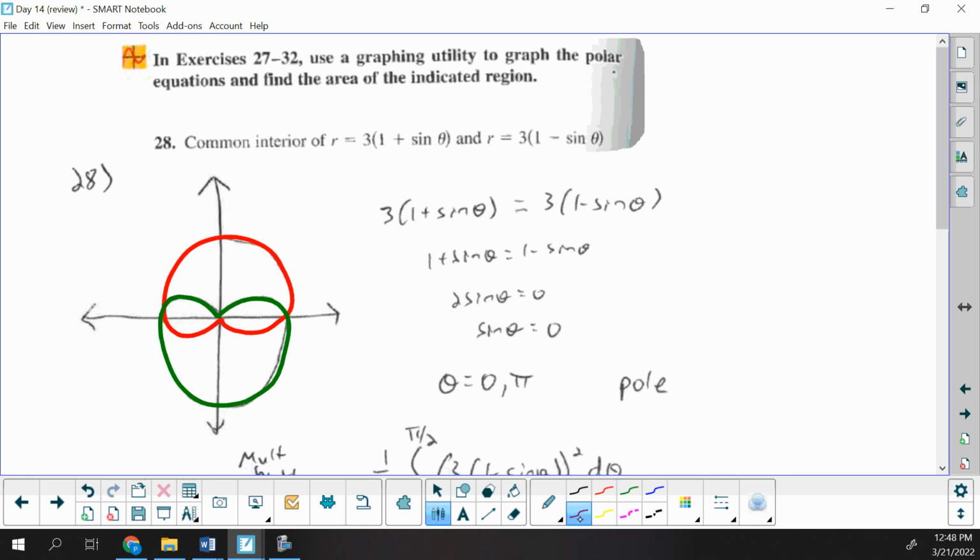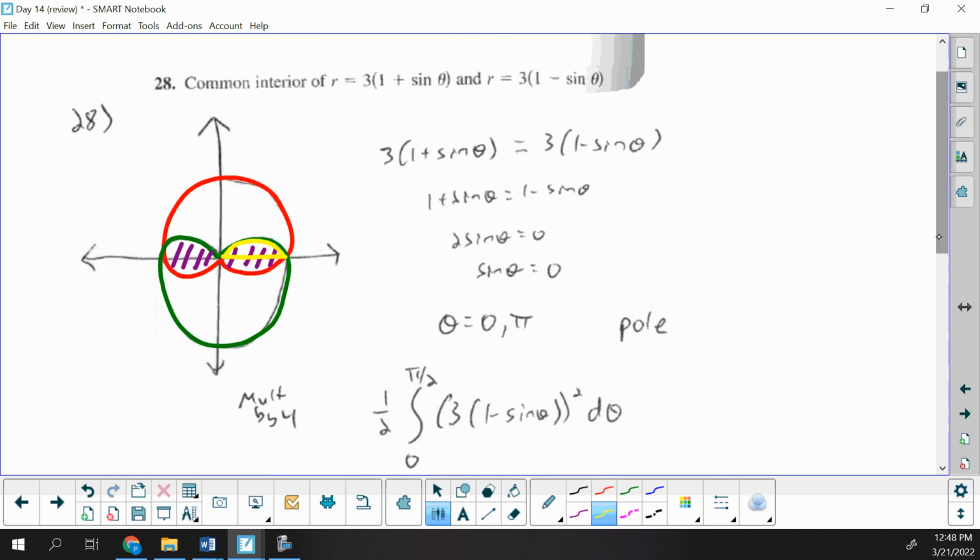And we wanted to find this space here. Well, notice we've essentially got 4 sections that are that size. So we can find the area of just one of those and multiply it by 4. So you really have the option of doing any of those 4 sections. I did that yellow one that I traced in the green.